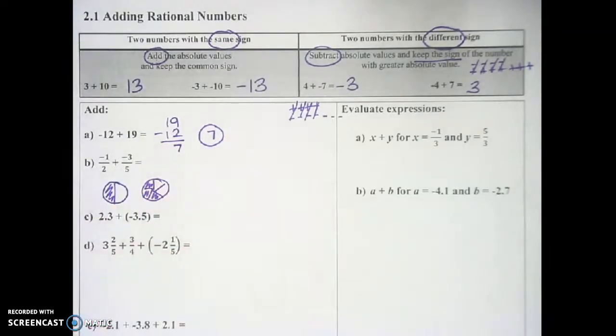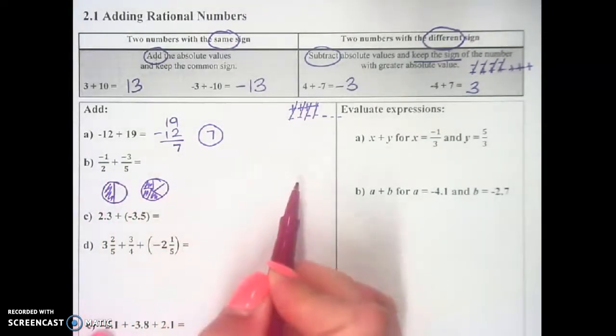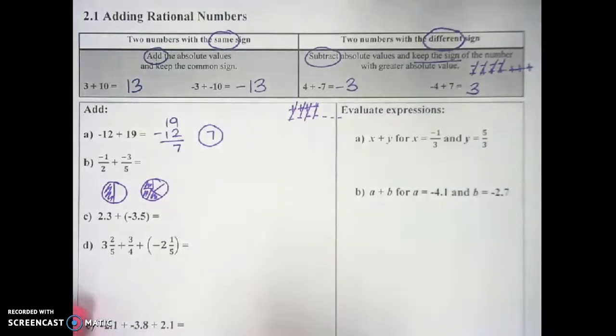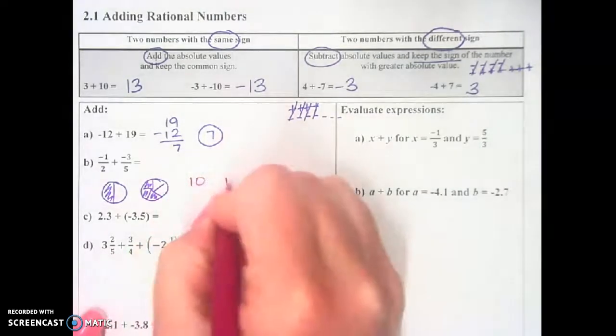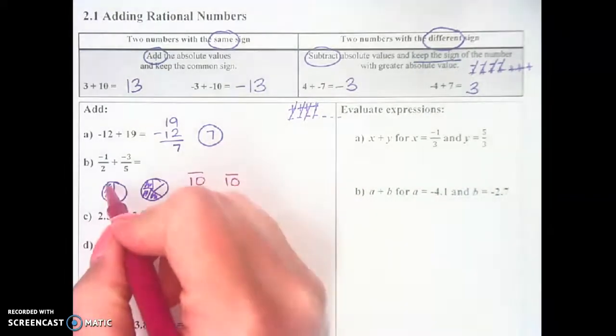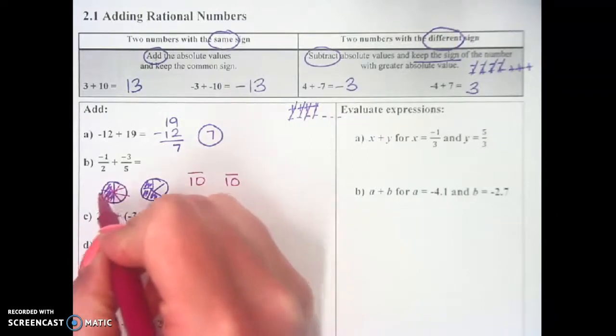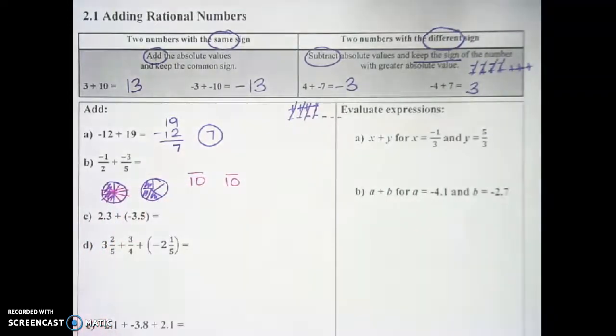Okay, what I'm going to do is make common denominators. So on a multiplication chart, I'm going to look across the row for 2 and across the row for 5. The first thing they have in common would be 10. Okay, so how I got that was 2 times 5. So 1, 2, 3, 4, 5. 2 times 5 made 10.